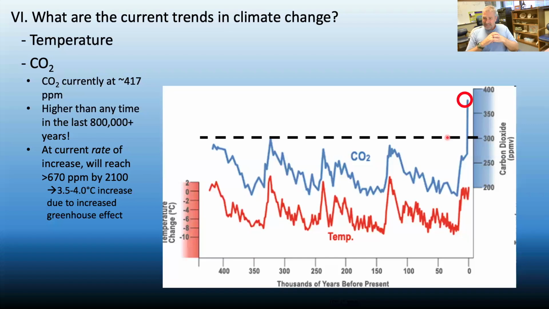That, as I said, is going to result in an increase of maybe as much as 4 degrees Celsius due exclusively to this greenhouse effect. Again, predominantly because of carbon dioxide, but as this warming occurs, we expect that there are going to be an increase in other greenhouse gases like methane as more of the permafrost continues to thaw.